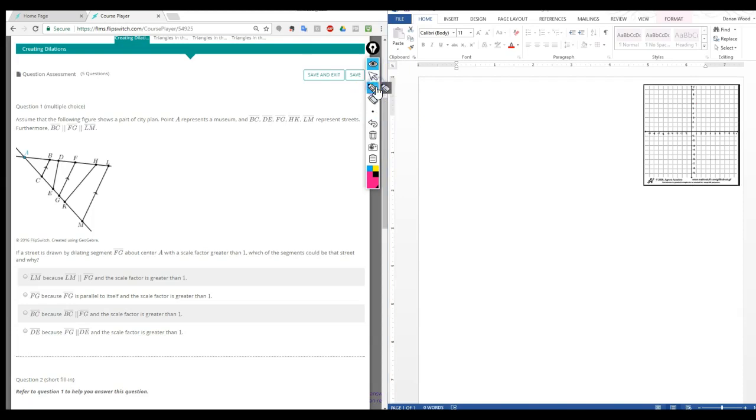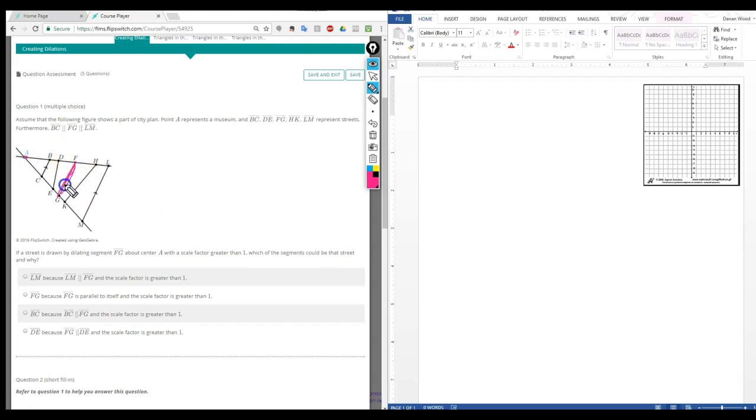Okay, so this is a critical thinking connecting with what happens to a segment when it's multiplied by a scale factor greater than 1. And it goes back to your vocabulary definitions of enlargement or a reduction. So if we look at FG right here, this segment is dilated by this point A with a scale factor greater than 1.